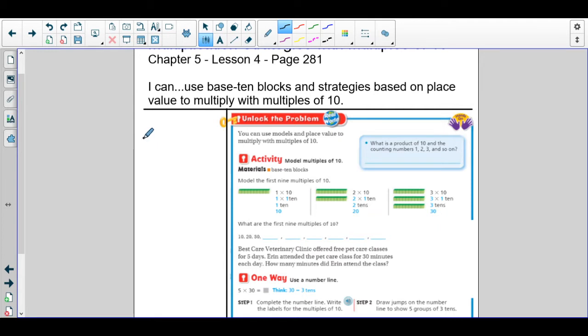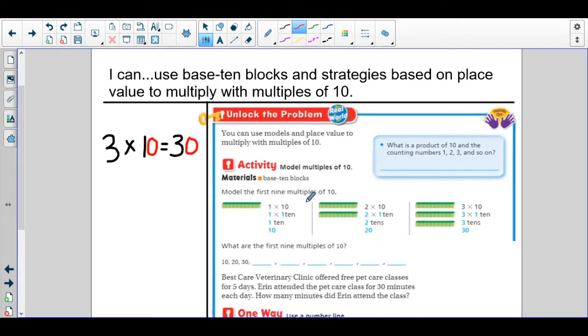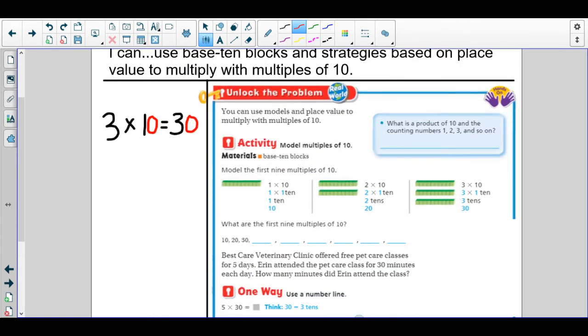Remember, if I had 3 times 1, that would be equal to 3. But when I add a 0 to make it 3 times 10, I just make it 30 for the answer. But let's take a closer look here and see if some of these strategies and things right here help us out just a little bit more. So here we go.